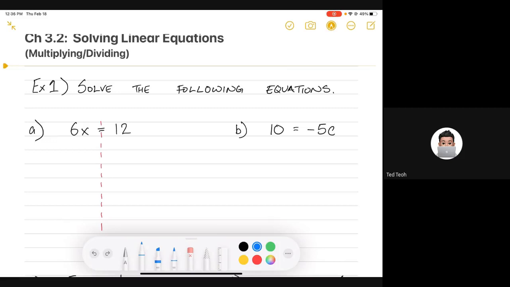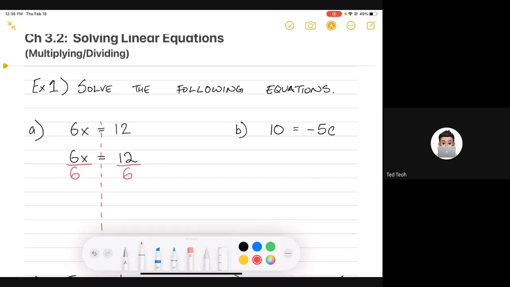What I have to do is divide both sides by the number in front of the letter. The number in front of the letter is 6. So I'm going to divide this side by 6, which means I divide this side by 6 as well.